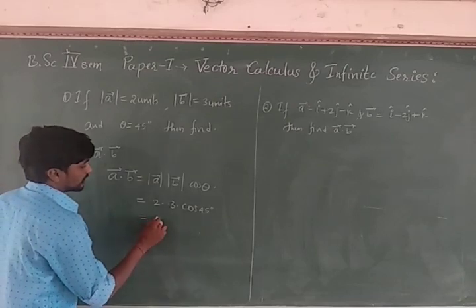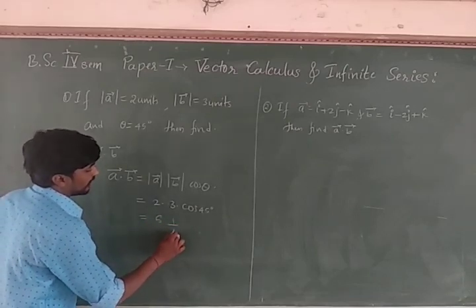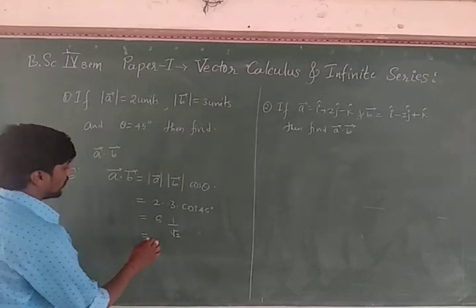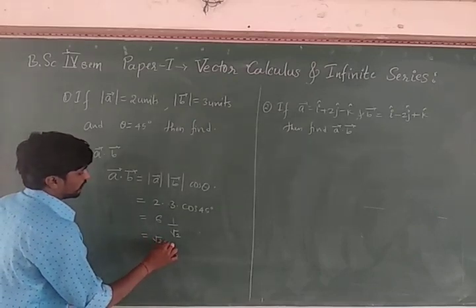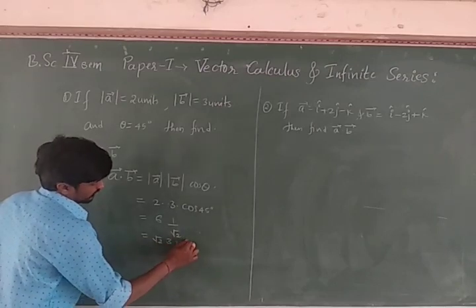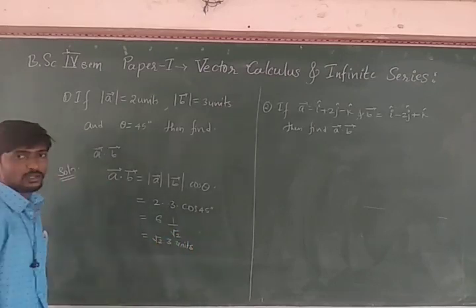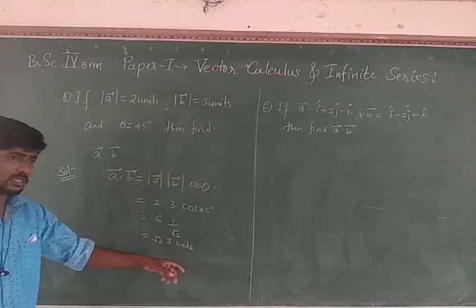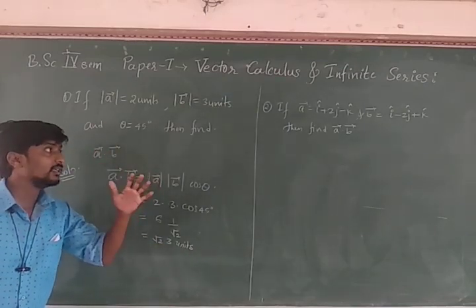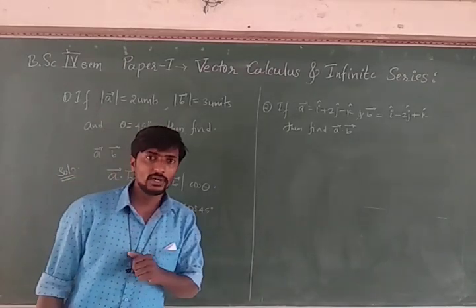Therefore this becomes 6 into 1 divided by root 2, otherwise written as 3 root 2 units. I wrote units because it is the length of the shadow we saw yesterday. That is the geometrical meaning of the dot product.